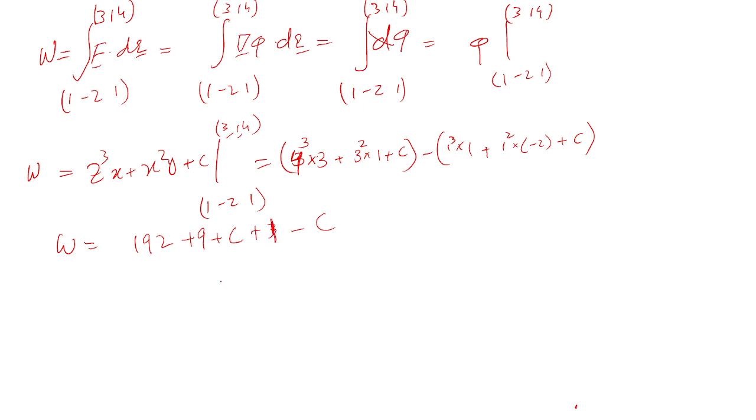The c cancels out, and 192 plus 10 means 202 units of work. So this is the work done by the conservative field moving the object from this point to that one.